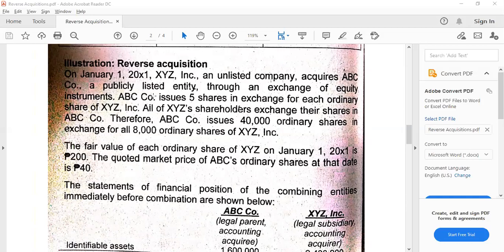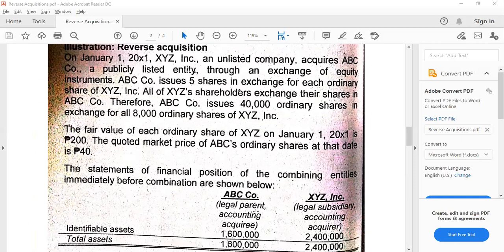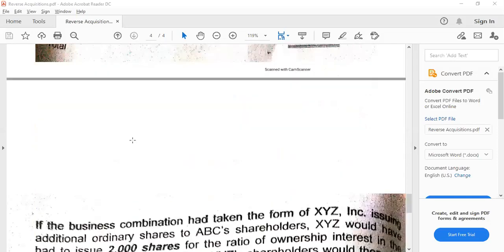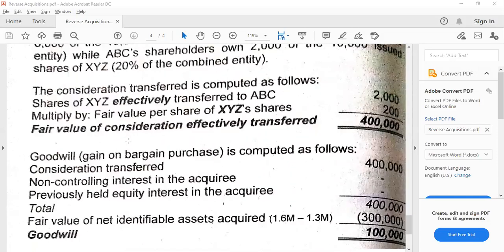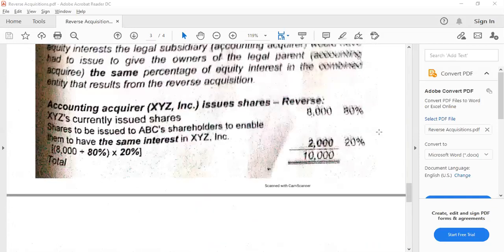It is because it is allowed, it is being directed, to acquire or issue shares to acquire XYZ, but in fact, it was XYZ who has the intention to acquire. So that's why ABC company is the legal parent or acquirer, but it is the accounting acquiree. So that's why the accounting acquirer's fair value will be used. So 200 pesos. And that's why we have it here, 2,000 shares from here also.